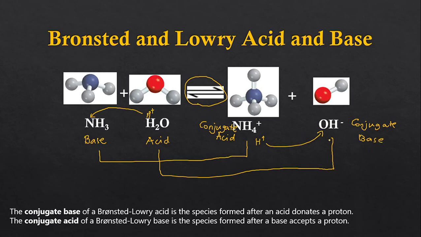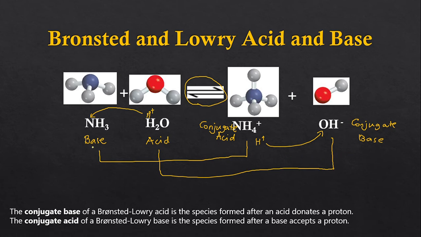Okay? Kasi dito sa reaction na ito, dahil siya ay tumanggap ng proton, siya ngayon ay mag-act as a base. Okay? So, yun yung definition natin ng acids and base according to Bronsted and Lowry.